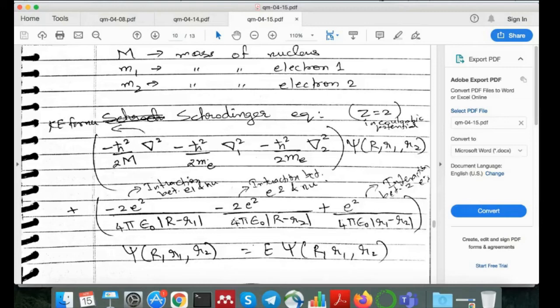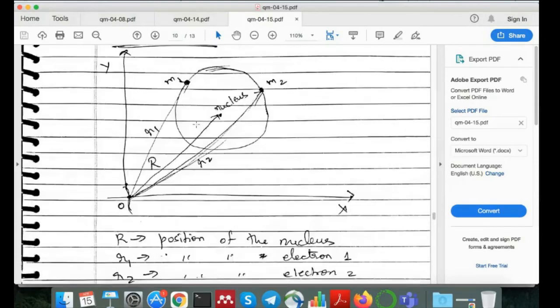Now we make a slight simplification, which makes our problem slightly easier but does not do much. That slight simplification is that because the mass of the nucleus is much greater than the mass of any of the two electrons, we consider that compared to the electrons, the nucleus is almost at the origin, because it is more localized compared to the electron.